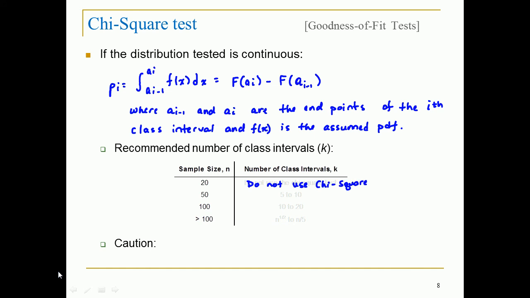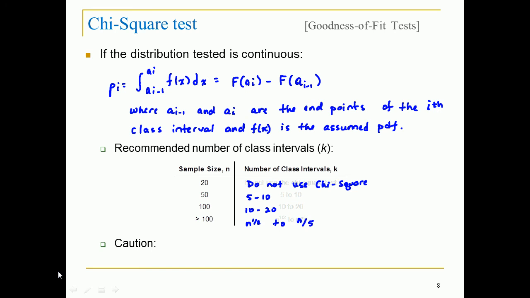Now if you have 50, you can have from 5 to 10 class intervals. If you have 100, you can have from 10 to 20. And if you have more than 100 data points, then you can use the relation square root of n to n over 5 class intervals.